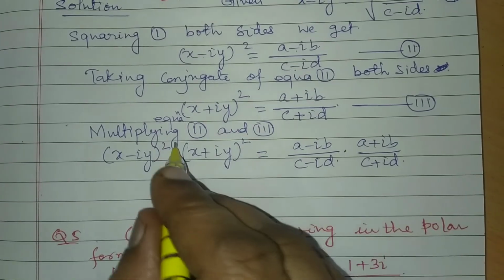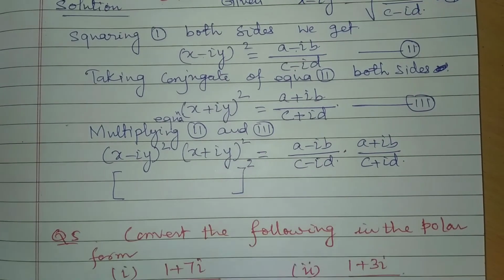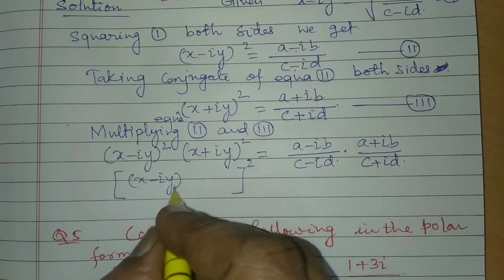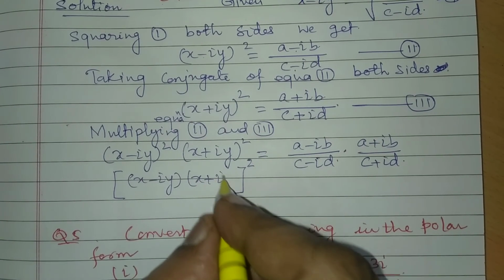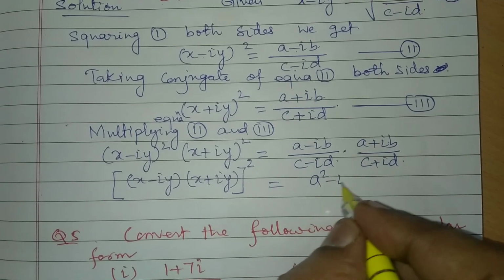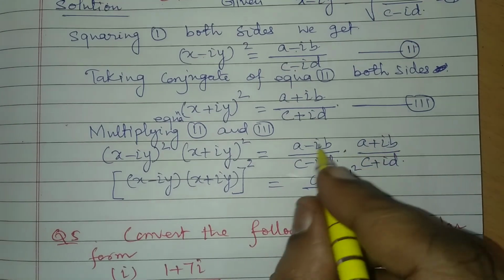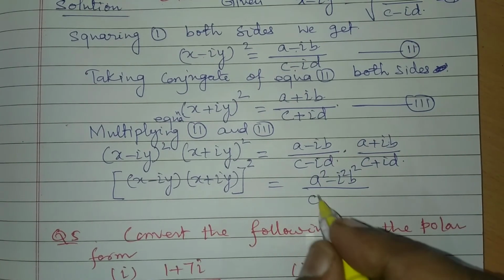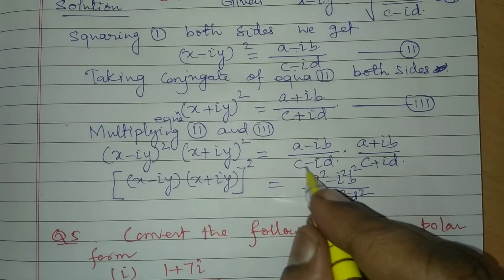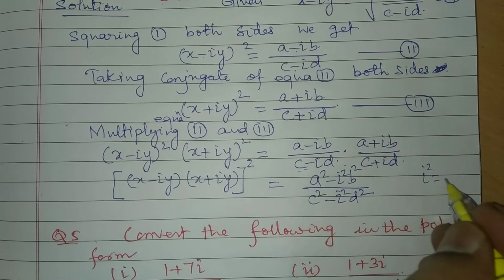So here the power is same, so I am just writing the square bracket and power is 2. So x minus iy and x plus iota y, and here is a square minus i square b square, a plus b a minus b, a square minus b square, here c square i square d square.